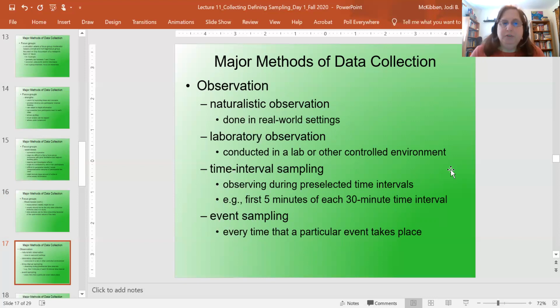So you would observe from 9 to 9:05, then 9:30 to 9:35, then 10 to 10:05, etc., etc. And event sampling, maybe you only sample every time that a particular event takes place. Maybe you're only going to look anytime you see some type of aggressive behavior. Maybe then that's when you're going to sample.